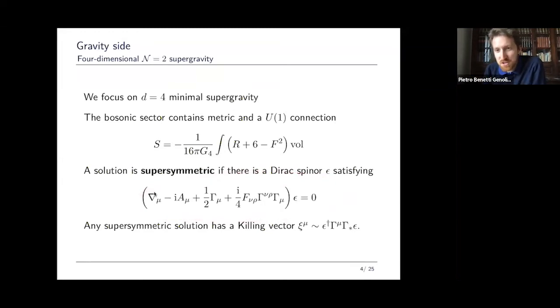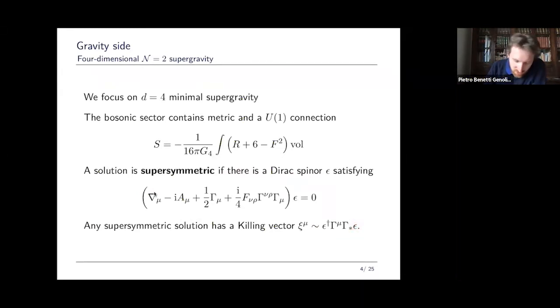If you have this structure, you can construct things out of the spinors. It is a standard construction in spinor geometry. And one of the first things that you find is that you can construct this vector, which is a bilinear in the spinor, constructed out of the Hermitian conjugate of the spinor, gamma mu, gamma 5, which is the product of all the gammas, times the spinor itself.